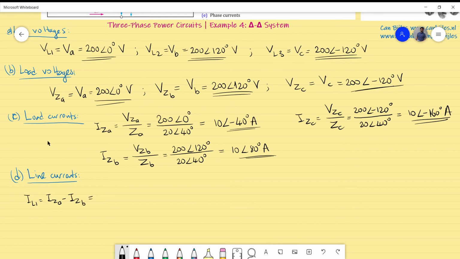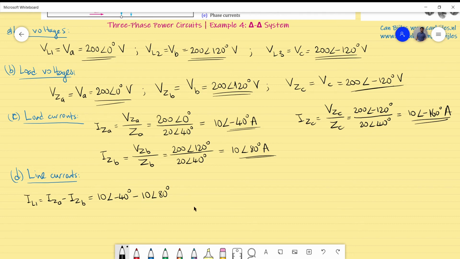And we know the expressions, so let's write it down. 10 amperes phase minus 40 degrees minus, again, 10 amperes, but it will be plus 80 degrees. And we have done this many times to convert the polar expression into rectangular such that we can add, because the addition and subtraction is easily done if you have their expression in the rectangular form. And that's actually what we always did.